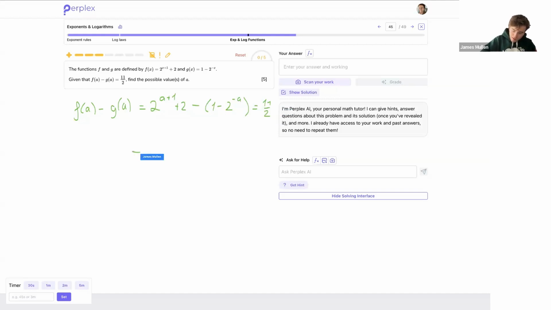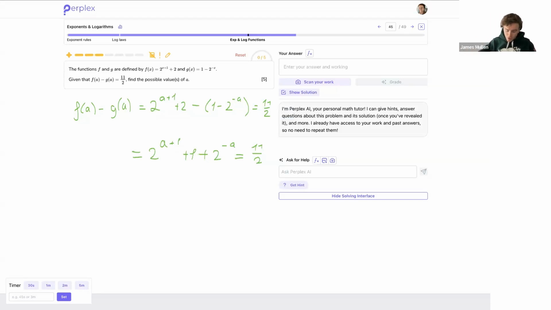So what does this become if I write this out? I have 2 to the a plus 1, and I have plus 2 minus 1 is plus 1, and then plus 2 to the minus a is equal to 11 over 2. This is a bit tricky, but you have to recognize here that we have something that's pseudo-quadratic. We have a quadratic that's hidden from us here.